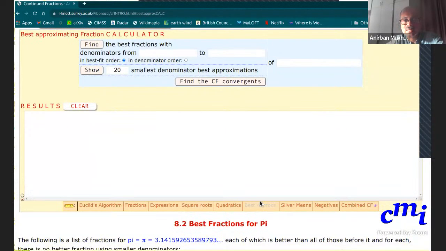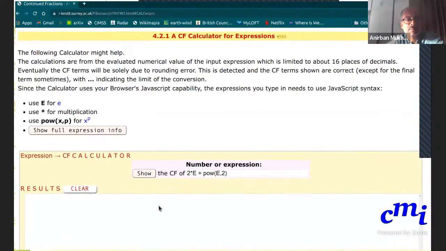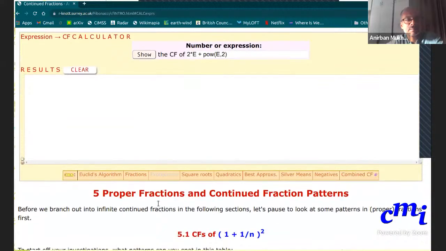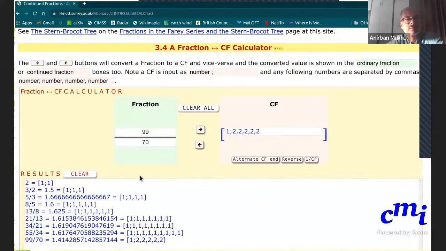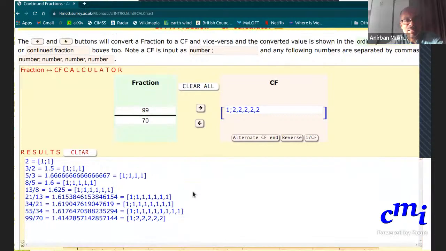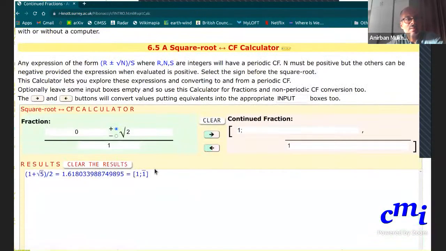It has a quadratic square root calculator, but you can't put 0 as the first entry. You have to put an integer. They have to be all integers. So we can't really calculate square root of 2, but square root of 2 is anyway trivial.